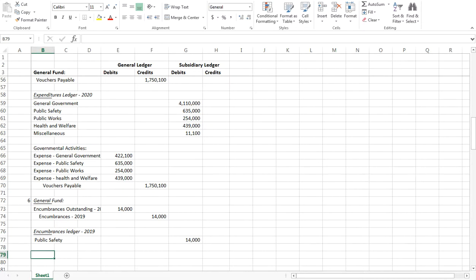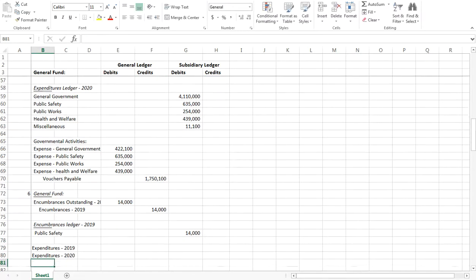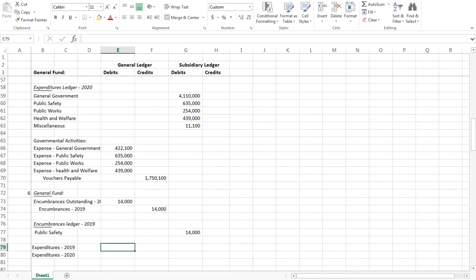And then we have in our expenditures 2019, and then this is kind of, pay attention here what we do. Expenditures 2020, because what we have to do is show that 14,000 here that we had in 2019, but it costs more, so that's actually going to go against our 2020.